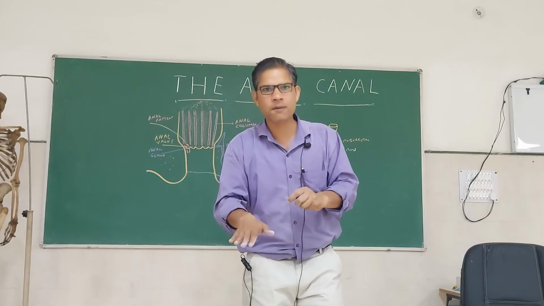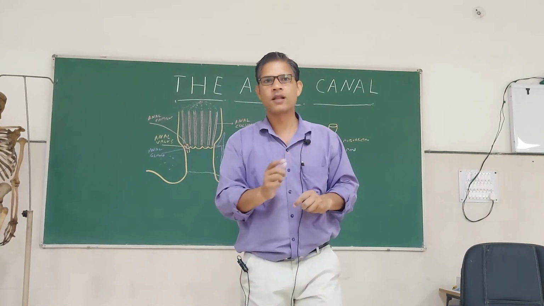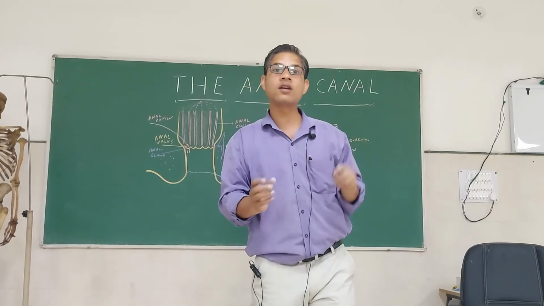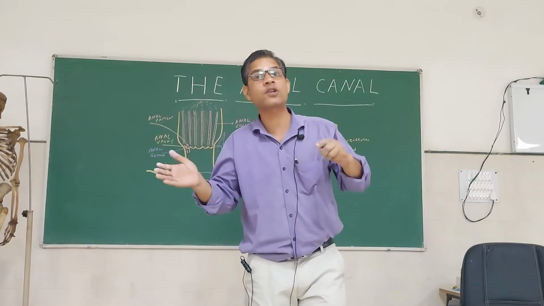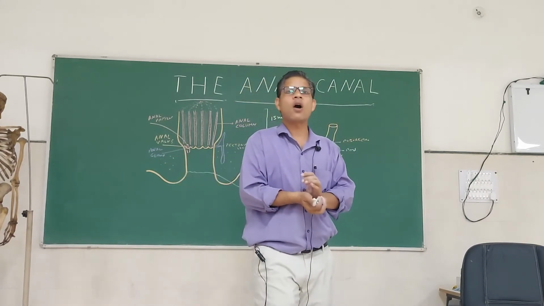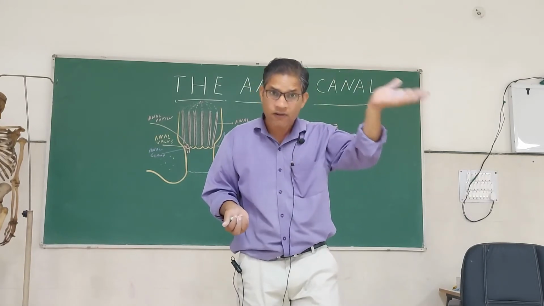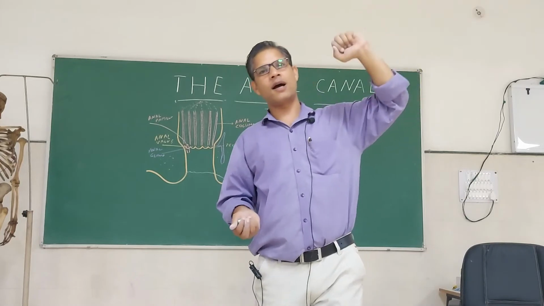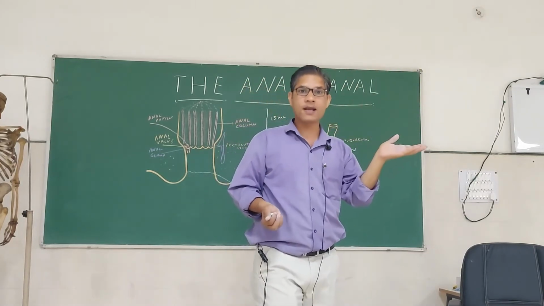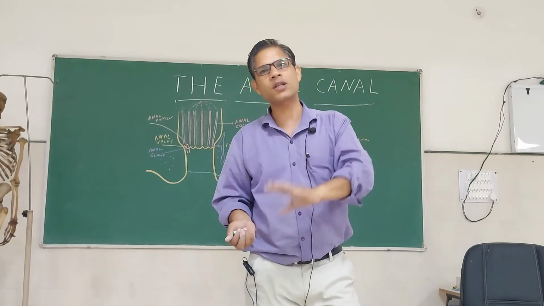The lower part is supplied by the somatic nervous system, that is pain sensitive. The upper part drains into the internal iliac lymph nodes. The lower part drains into the superficial inguinal lymph nodes, and these all follow the rule of development. The part developing from the primitive gut goes toward the visceral side, and below this goes to the somatic side.